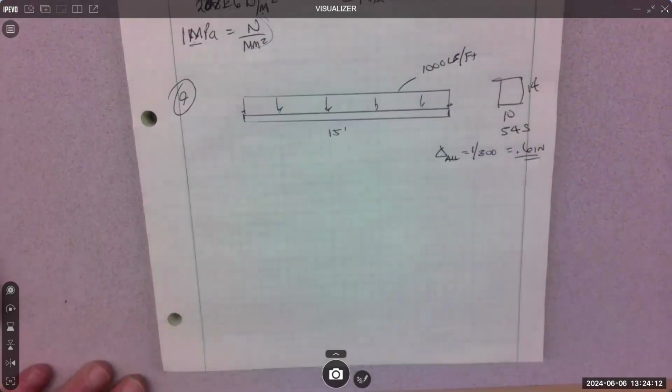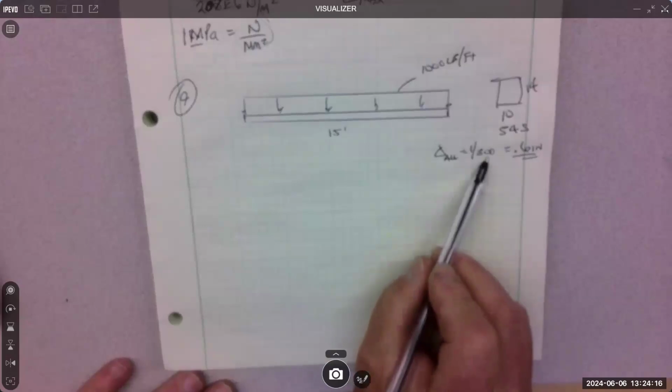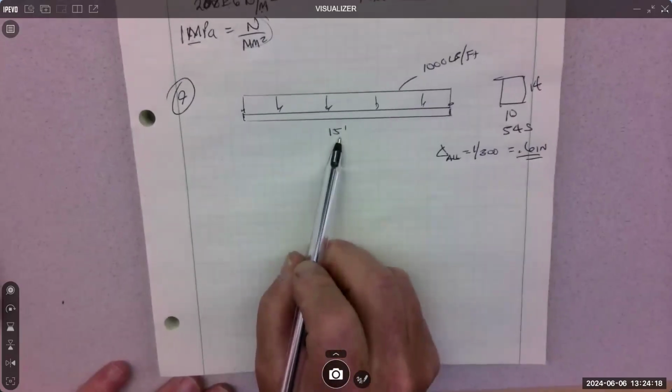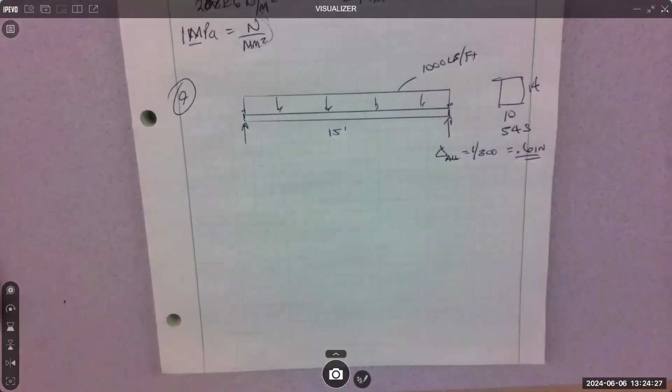Wait, what did you just do? The deflection allowable is 1/300 of the span, 15 divided by 300, and 15 times 12 to get it in inches.